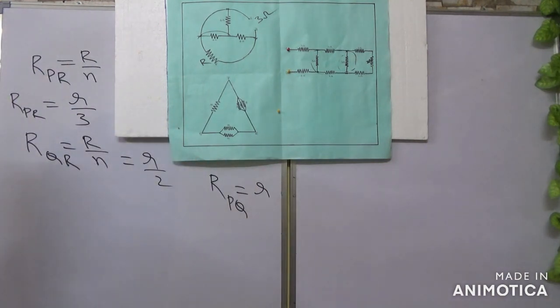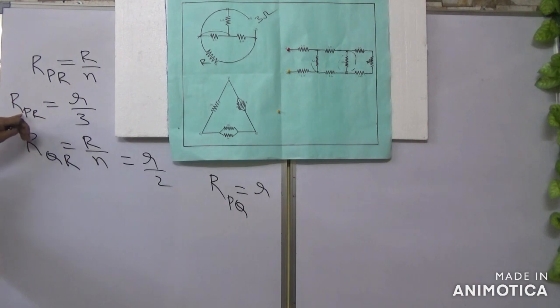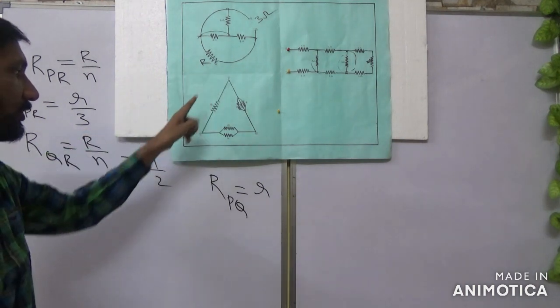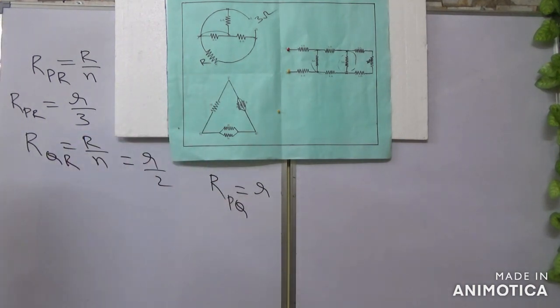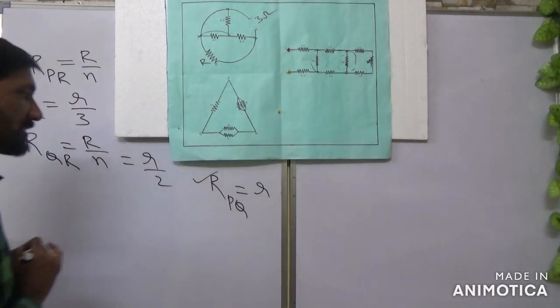So what do you notice? Resistance between P and R is R by 3. Resistance between Q and R is R by 2. Resistance between P and Q is R. So what do you notice? Resistance is more in this case.